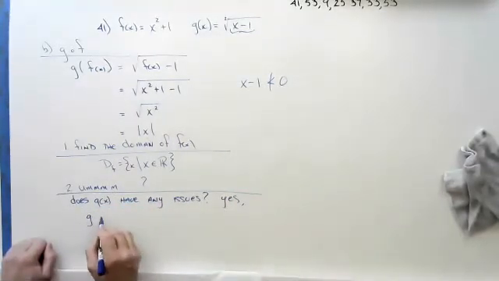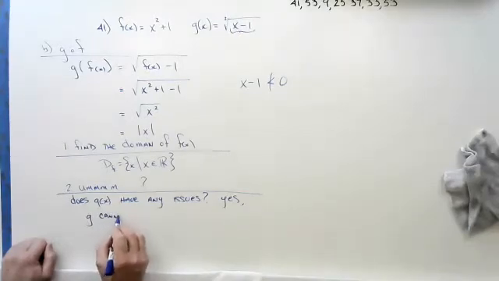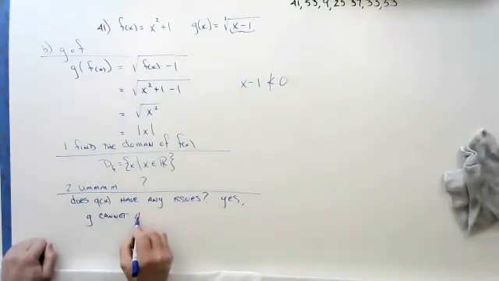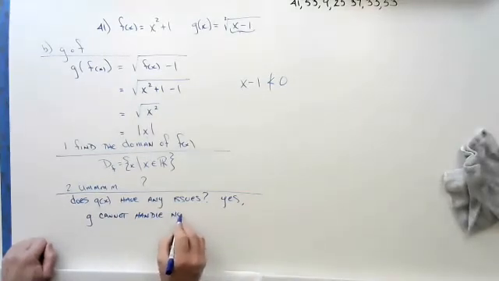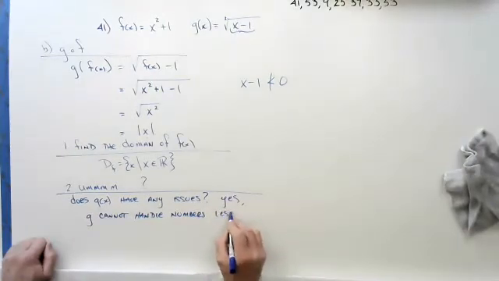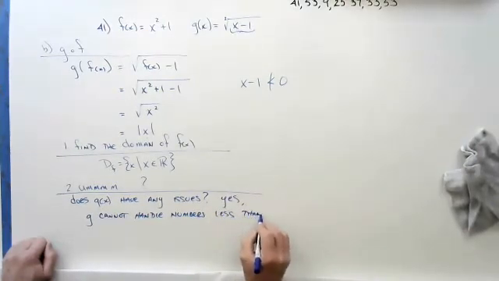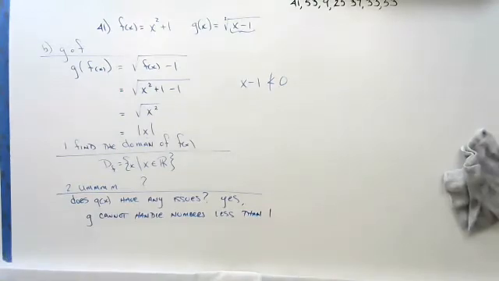Yes. G, this is why we write it in words, cannot handle numbers less than 1. The reason we write it in words is so we don't write down x and then solve that and think we're done. That's not what we're trying to solve. G can't handle numbers less than 1.